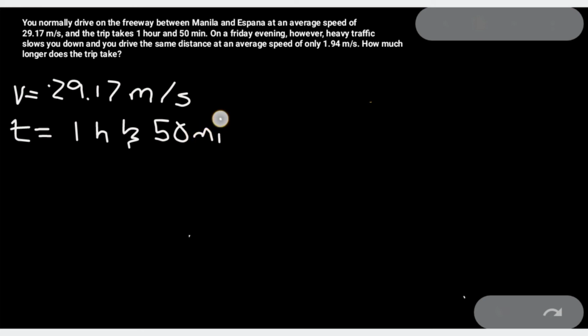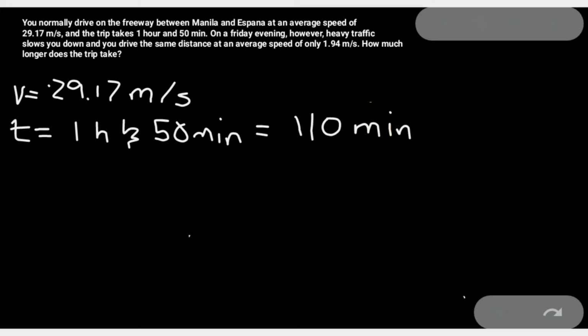The first thing that we need to do is to convert it into seconds, because seconds is the SI unit for time. So 1 hour is composed of 60 minutes. 60 plus 50 is 110 minutes. So we can now convert this 110 minutes into seconds.